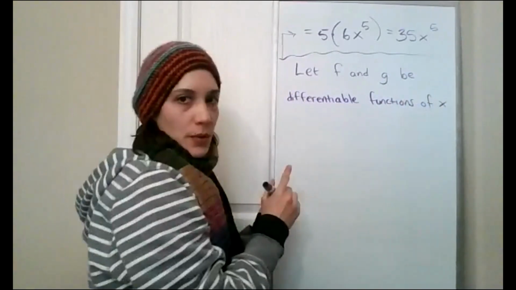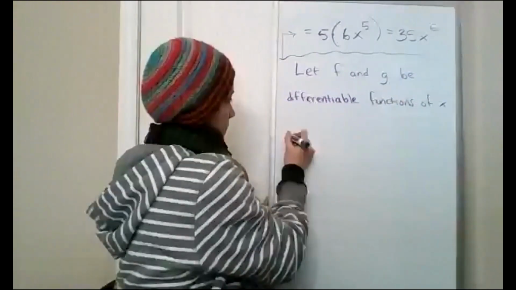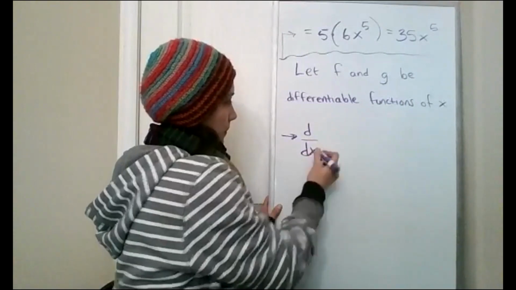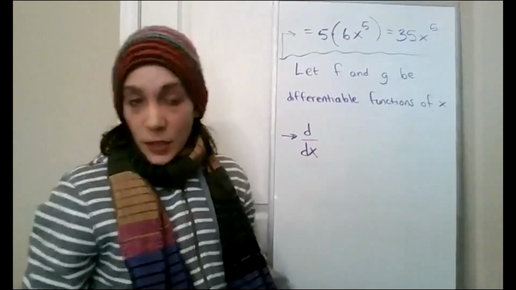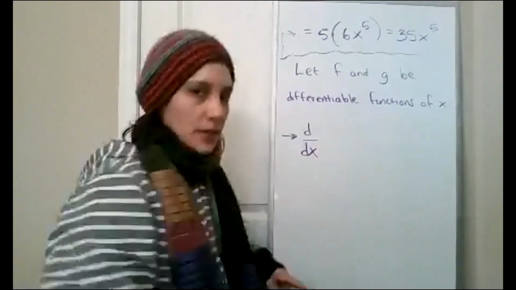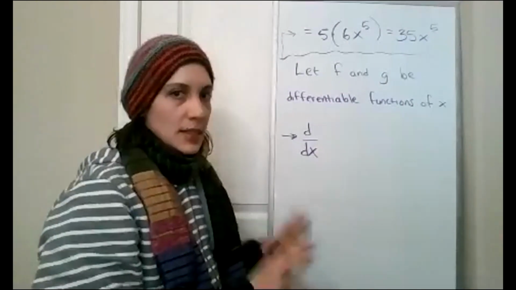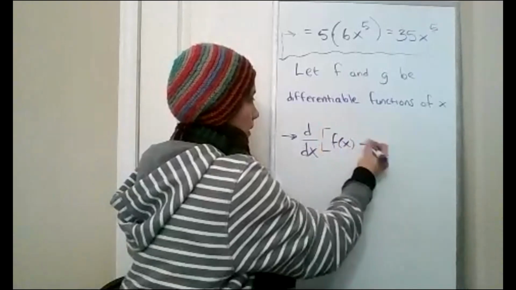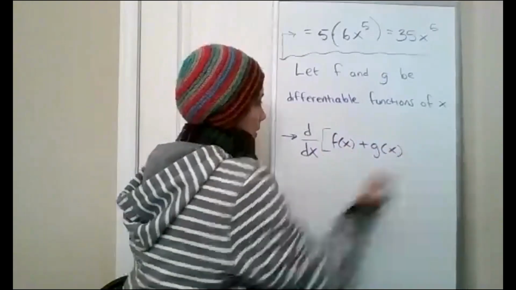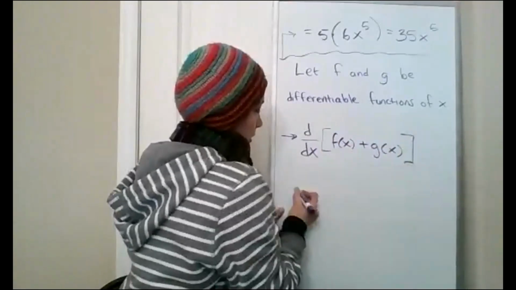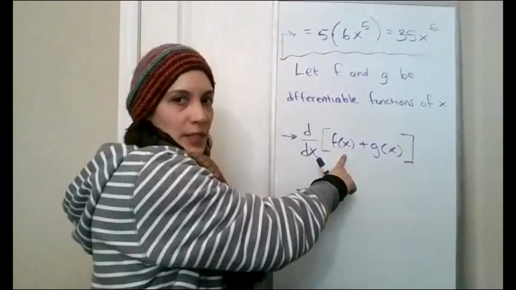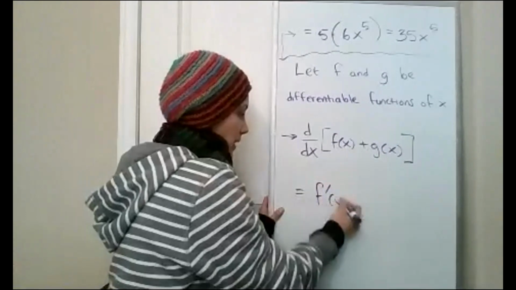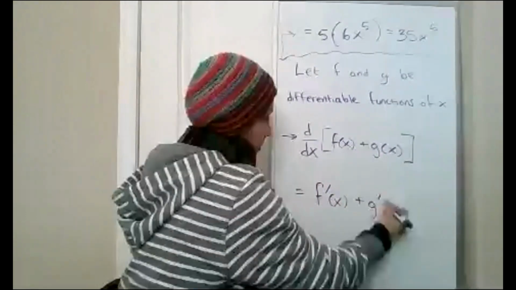Okay, so first, I've got that the derivative with respect to x of f of x plus g of x is equal to the derivative of f of x plus the derivative of g of x. So you've got f prime of x plus g prime of x.